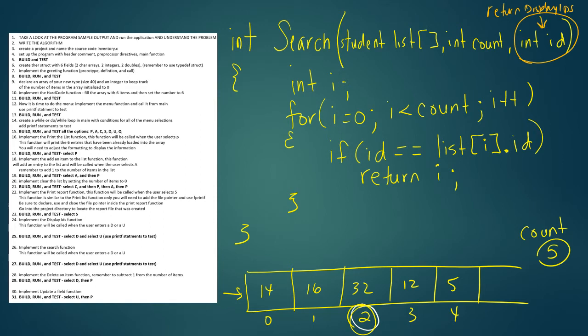This is the ID that the user wants to modify or delete or whatever, and then you're going to compare it one by one through the list, each one, and if you find a match, then it's going to return the index. That's what this I is, and it's the index. So that's going to be returned from the search function.